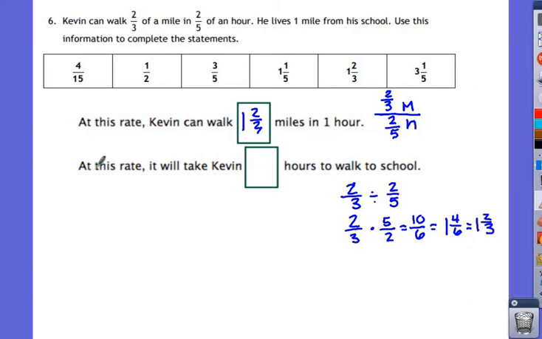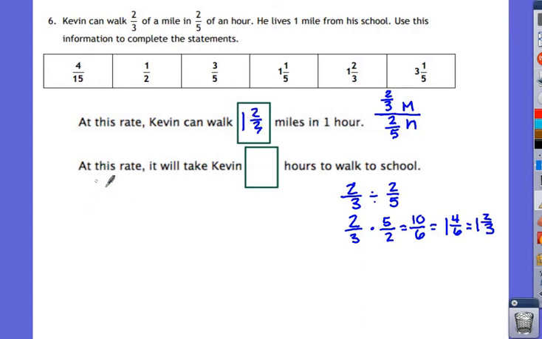Okay, and the last statement says, at this rate, it will take Kevin blank hours to walk to school. Okay, well I just found his rate. It takes him 1 2/3 miles in 1 hour.